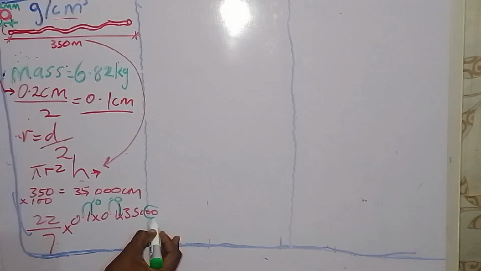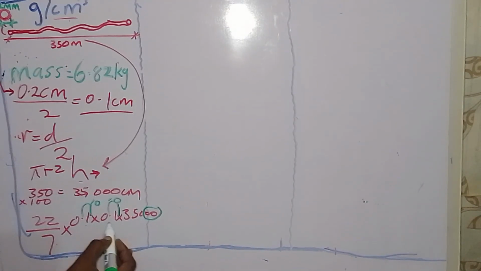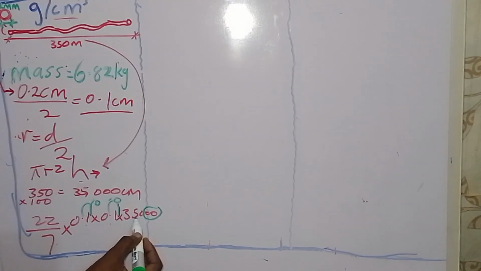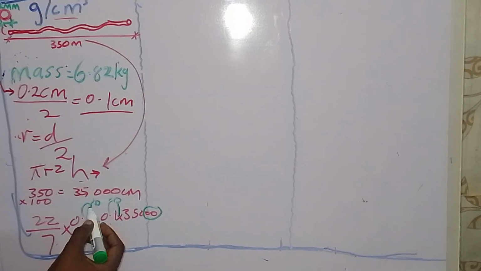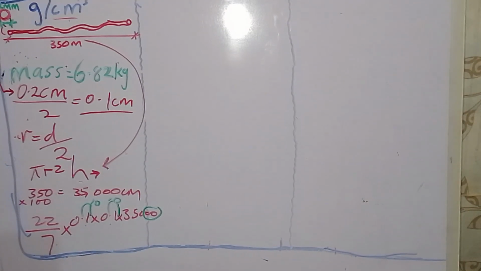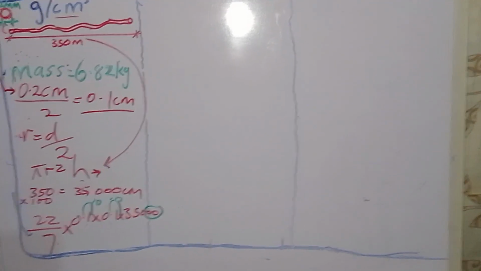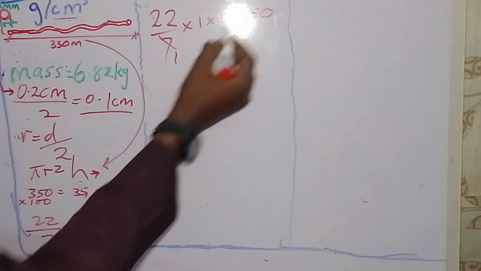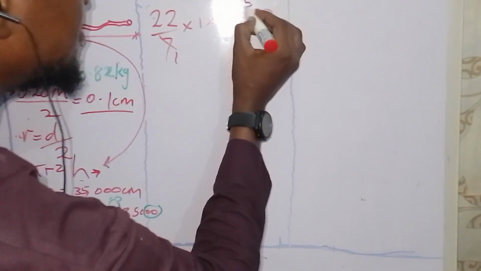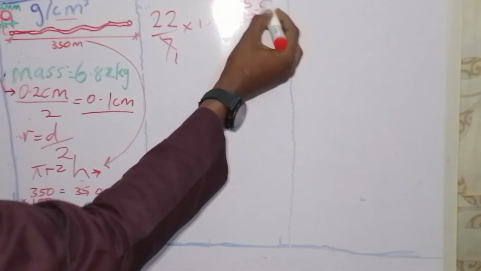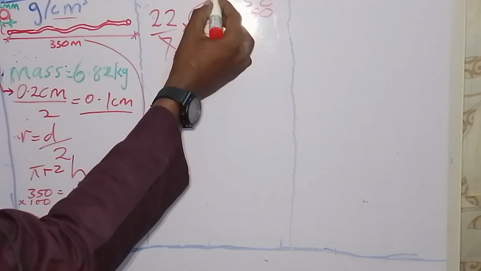So this will become 1 and 1, and the 35,000 becomes 350. So it's 22 over 7 times 1 times 1 times 350. You know that 7 goes into 350, 7 times 5 is 35, and 0. So you are left with 1 times 1, of course, is 1, 22 times 50.